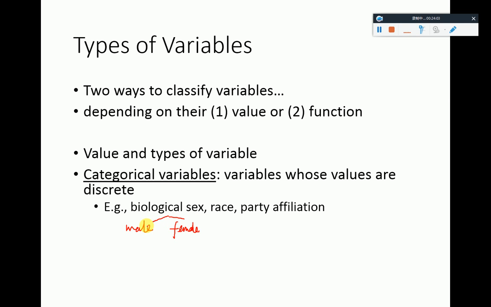In most cases, 99.9% of the time, a person is either a male or a female. In other words, this variable biological sex can take two values. Now, these two values, we call them discrete values because they don't overlap. They are two separate entities.